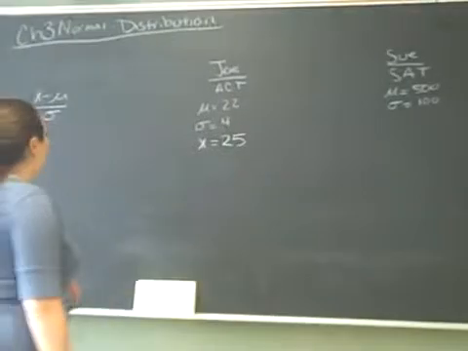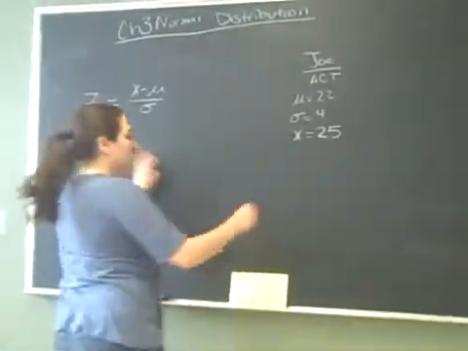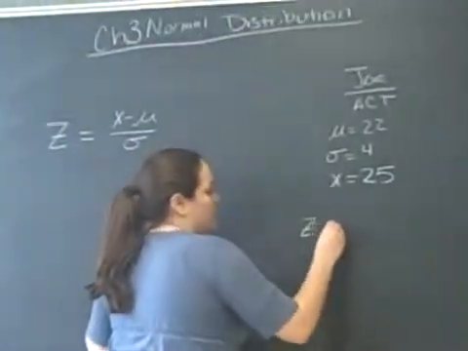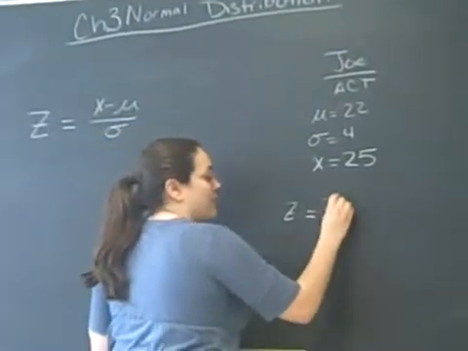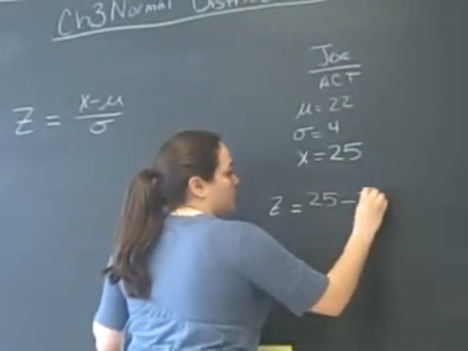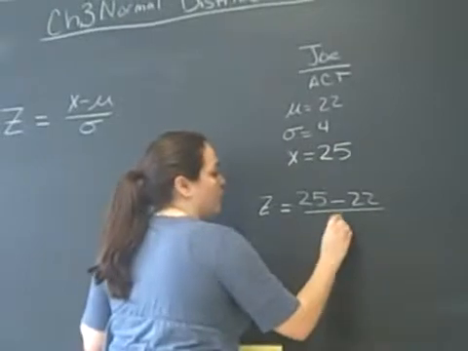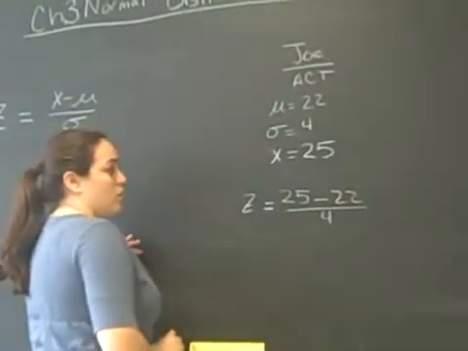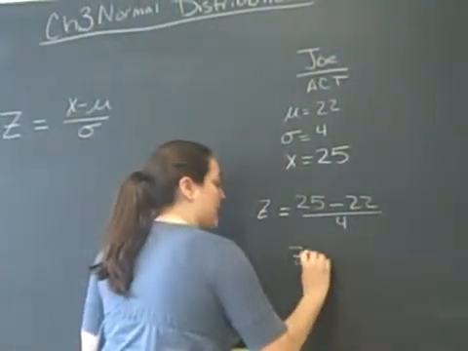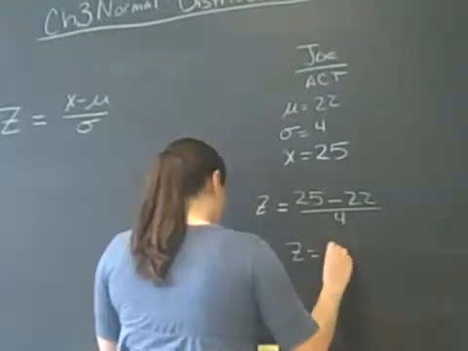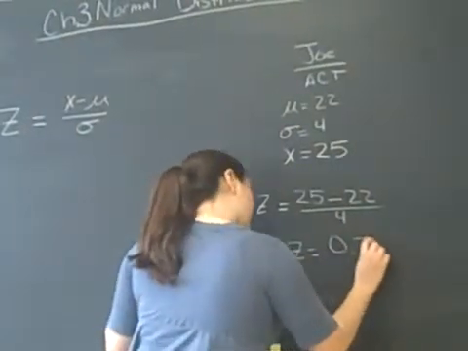Well, if we use this formula here, we can determine the z by putting 25 in for x and 22 in for the mean and 4 for the standard deviation. When we calculate this out, we find that the z-score is 0.75.